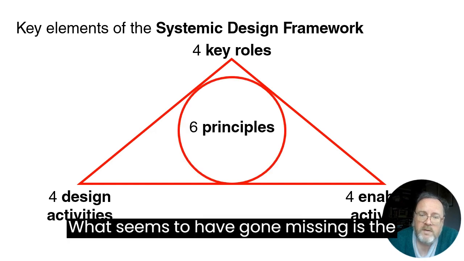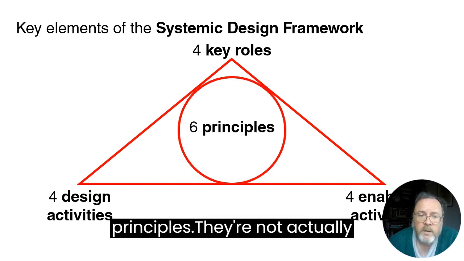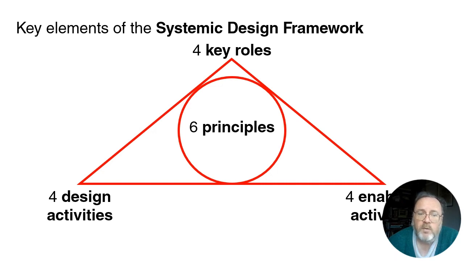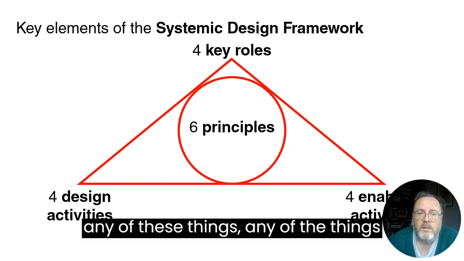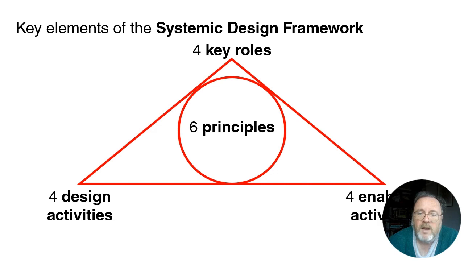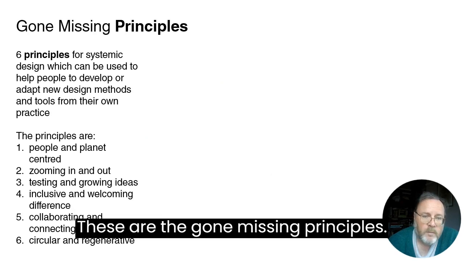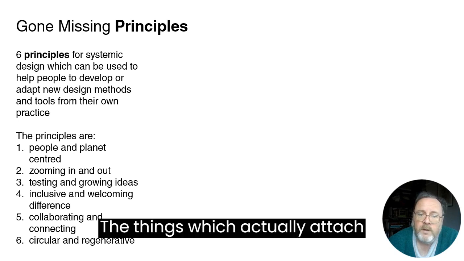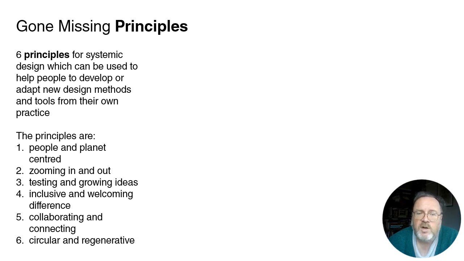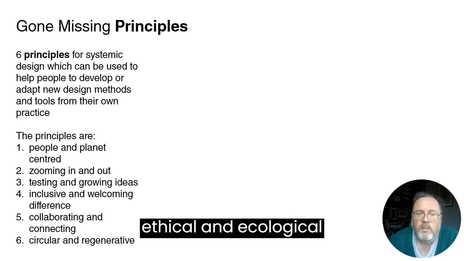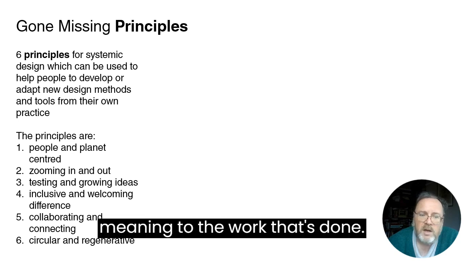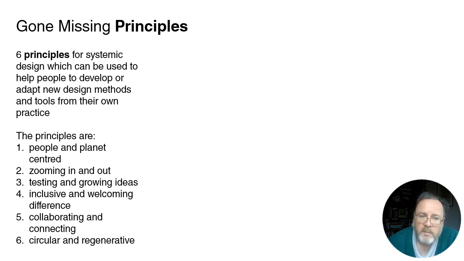What seems to have gone missing is the principles. They're not actually visible in any of these things, any of the things we talked about. These are the gone missing principles, the things which actually attach ethical and ecological meaning to the work that's done.